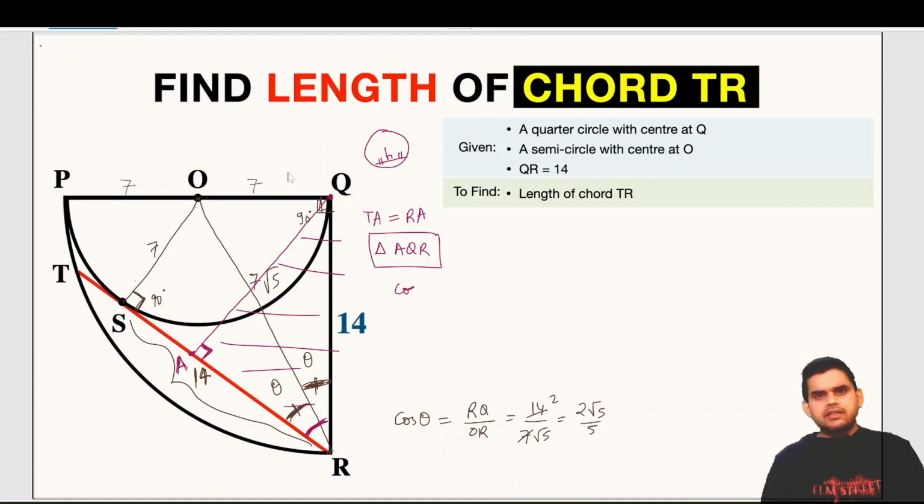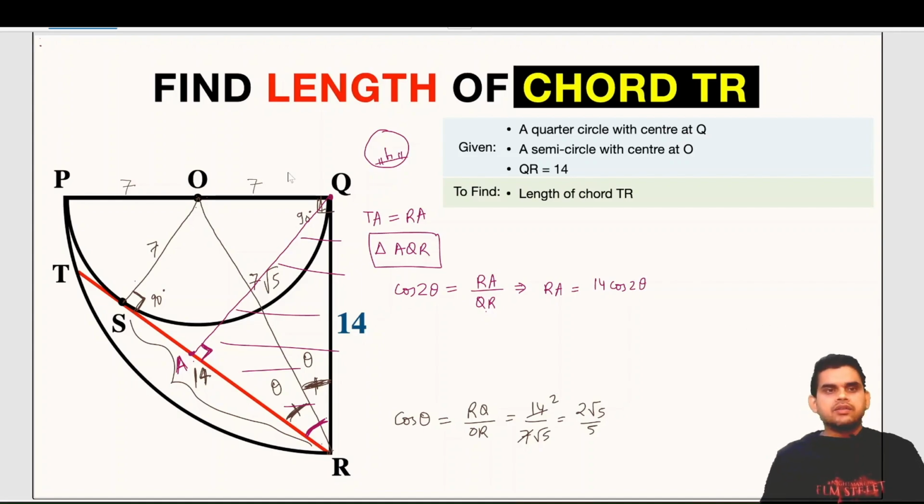So we can write cos 2 theta is equal to this distance AR or RA, whatever you may call, divided by QR. So from here we can get RA is equal to 14 times cos of 2 theta, as QR is 14.